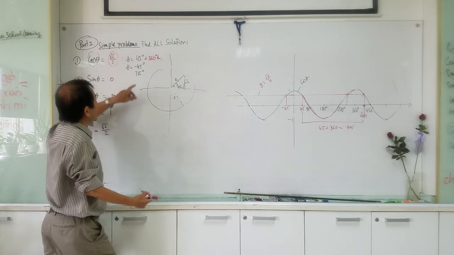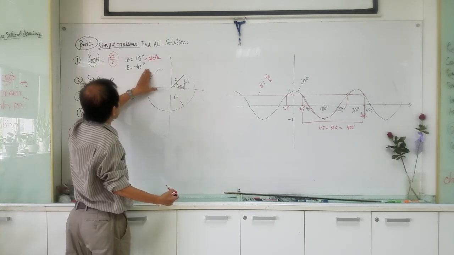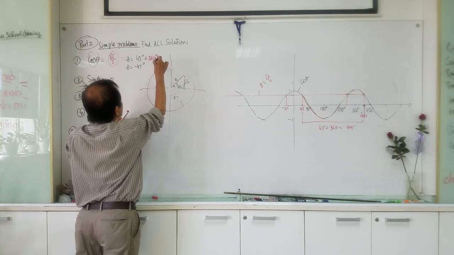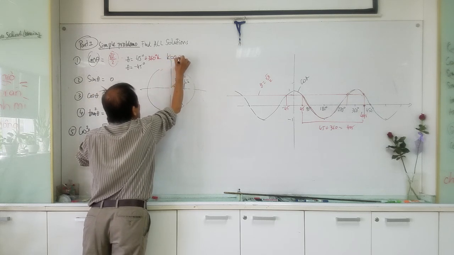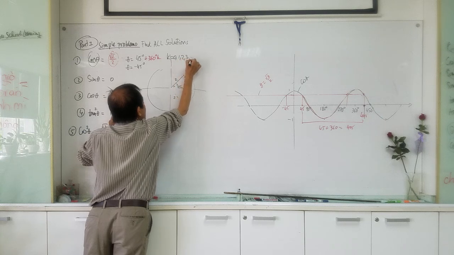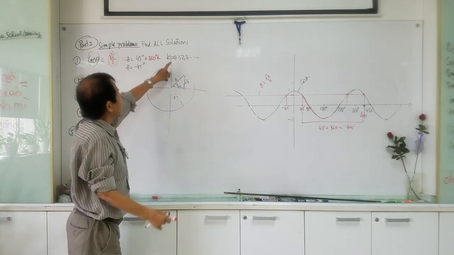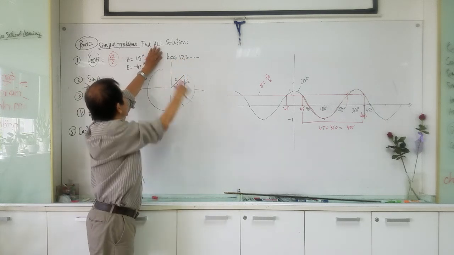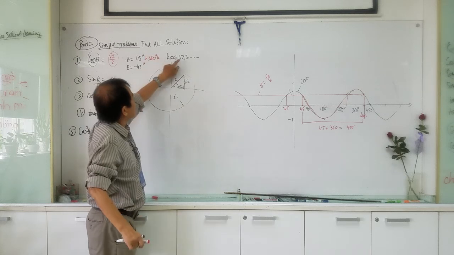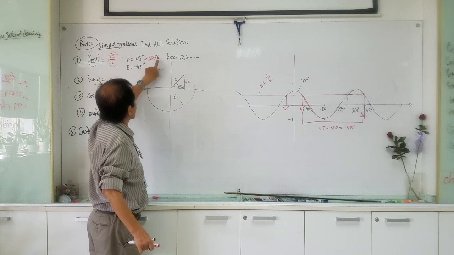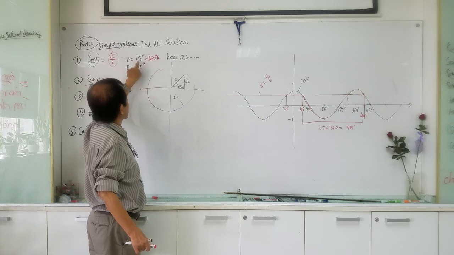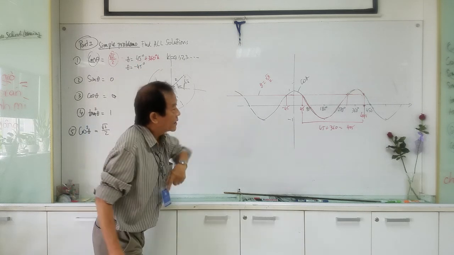You have to say K equals 0, 1, 2, 3, dot dot forever. When K equals 0, this term is gone and you have the first solution. K equals 1 gives the second solution, because you add 360 and get 405.